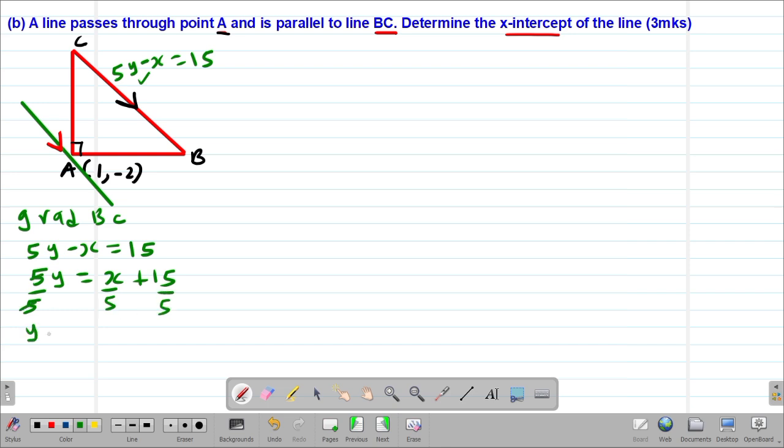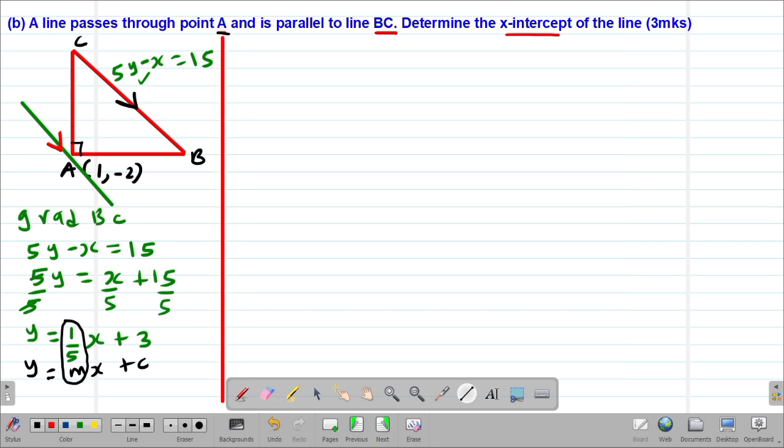So I'll end up with y equal to 1 over 5 x plus 15 over 5, which is a positive 3. So this is in the form y equals mx plus c. Clearly the gradient is the value of m. Therefore, the gradient of the line BC is 1 over 5.